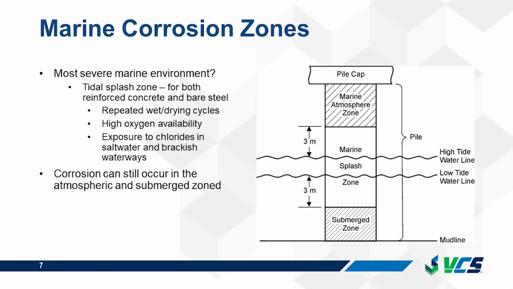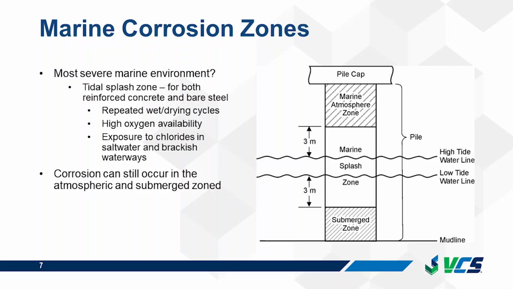In bridges that are exposed to marine environments, the element that's at the highest risk for corrosion is the substructure. Corrosion risk for the substructure can be further divided into 3 different zones. The submerged zone, that is always underwater, the tidal splash zone, and the atmospheric zone. So in the atmospheric zone, there is no direct exposure to the water spray.